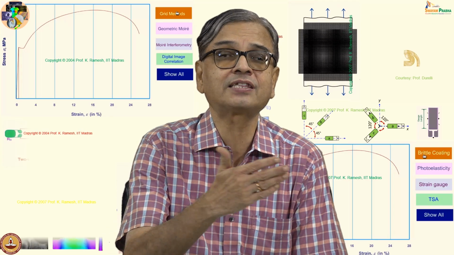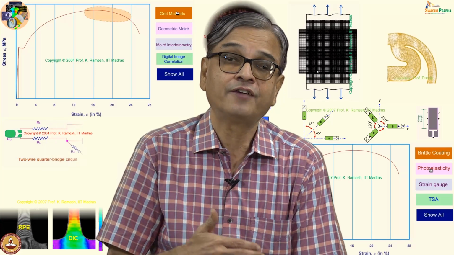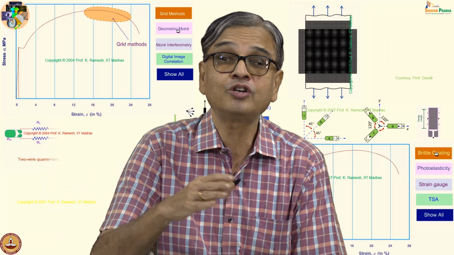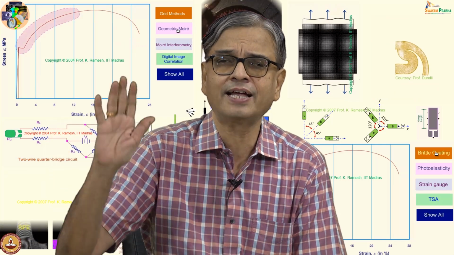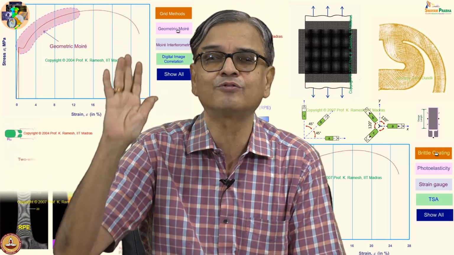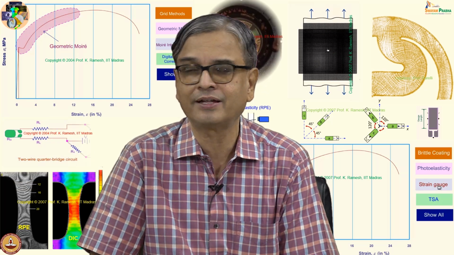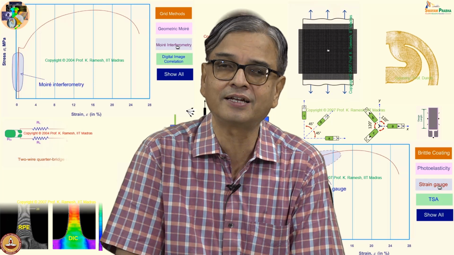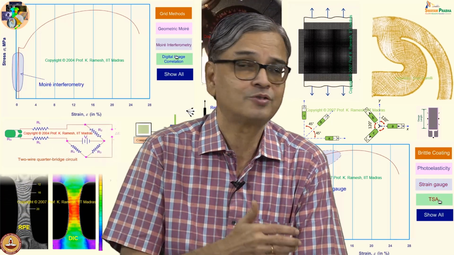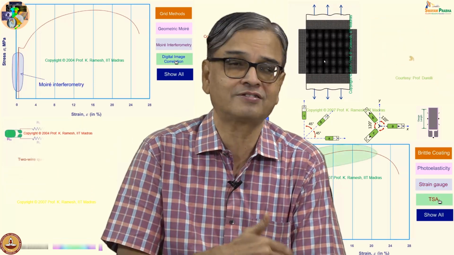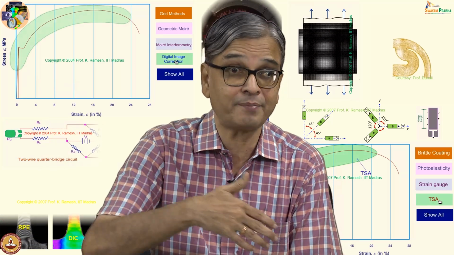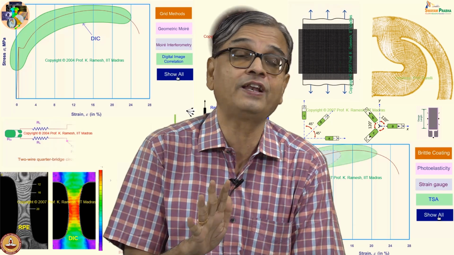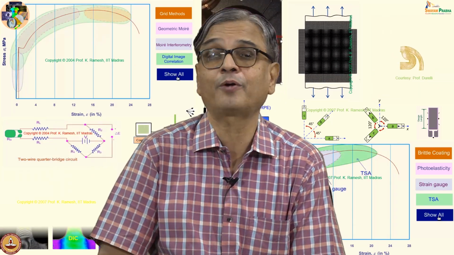So if I have a 1000 channel system, if I want to increase my number of data points, you should not say, I have enough money to spend, I will simply use rosettes at every point. Then you can't make the best out of your experimental measurement. Some places you may have to use single or 2 elements so that I can make a large number of measurements. So this is a difference between a whole field technique and a point by point technique.